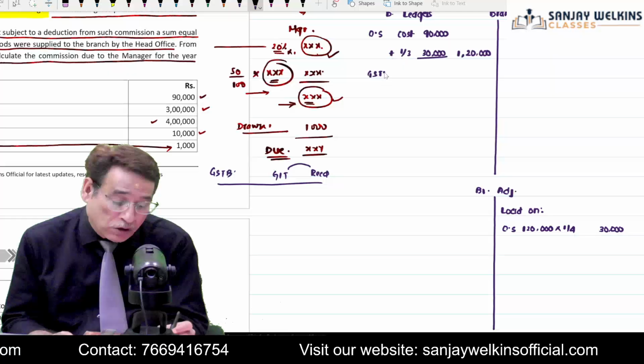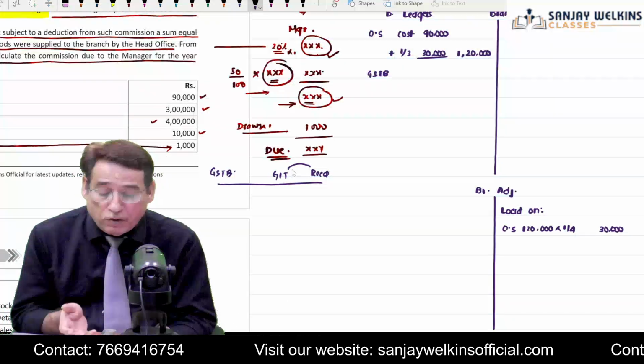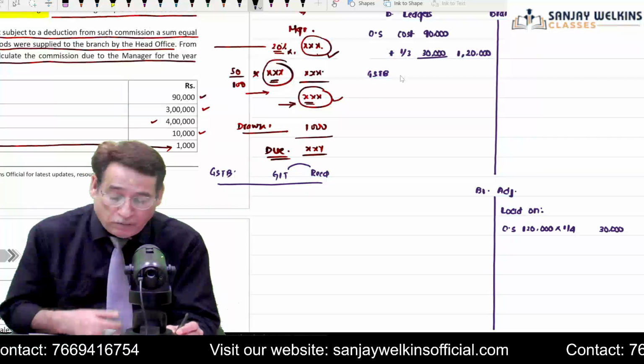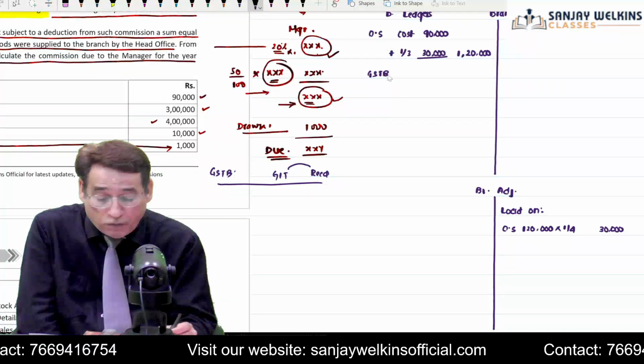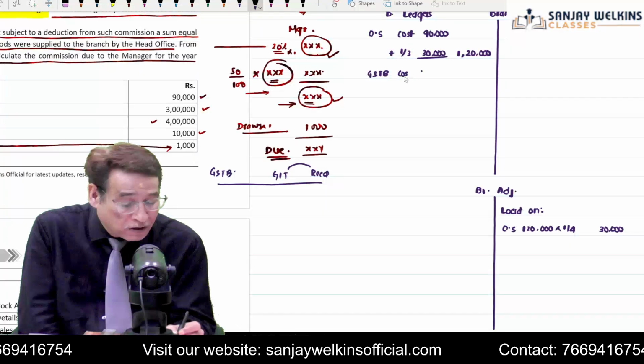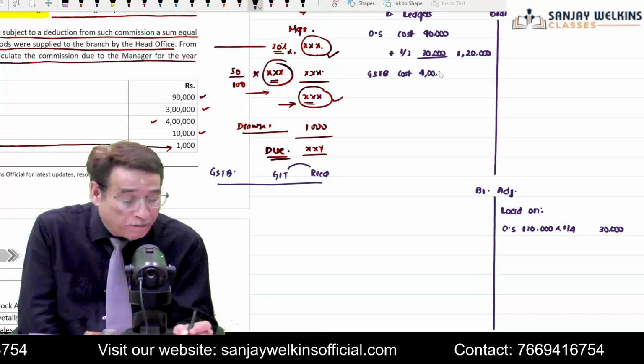Now, because goods in transit is not given, whatever goods are received by the branch will be presumed to have been sent by the head office.